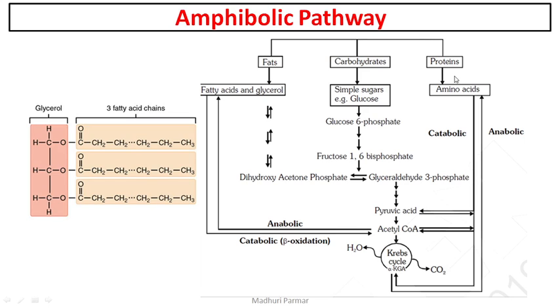Proteins are heteropolymers of amino acids, right? So if you break down proteins, what do you get? You get amino acids. Now if these amino acids enter the catabolic cycle, if amino acids are further broken down, how do you break down an amino acid? You remove the ammonium group, NH3 plus is removed, COO minus group is removed.